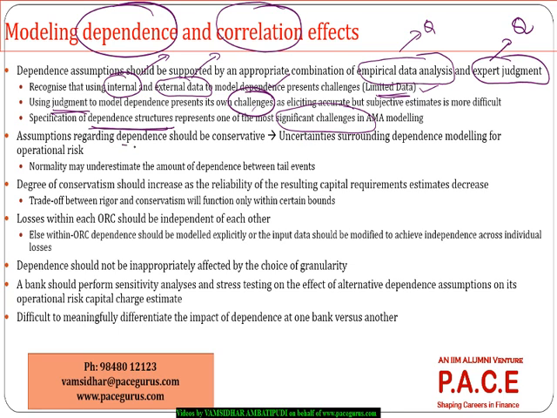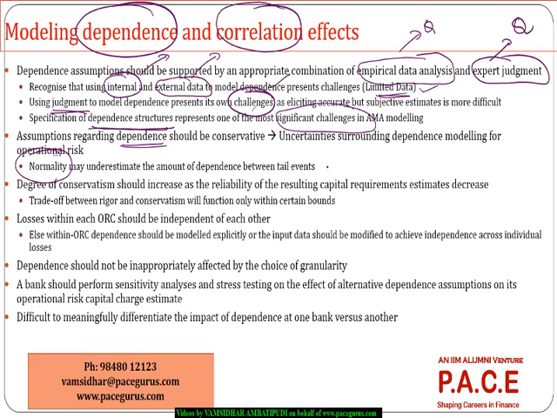So whatever the assumptions regarding the dependence and correlation, they should be more and more conservative. Whatever the uncertainties regarding the dependency modeling, they need to be clearly understood and taken care of. I should not look at normality between the two categories, because that will significantly underestimate the amount of dependence between the tail events.